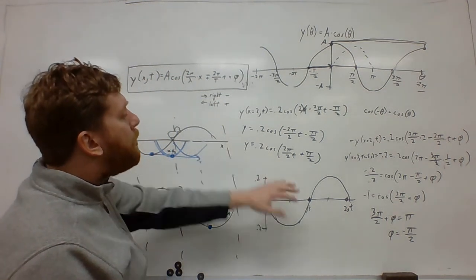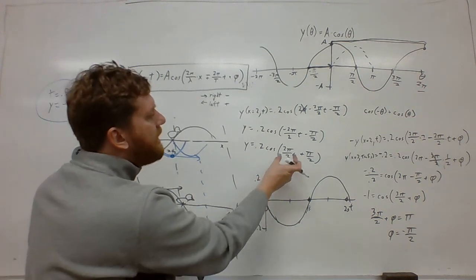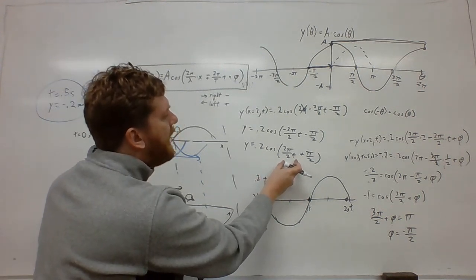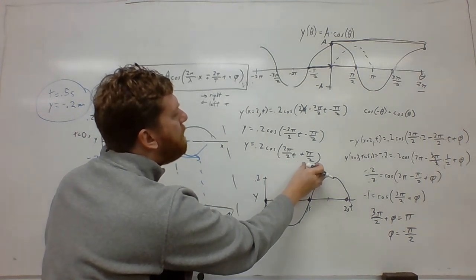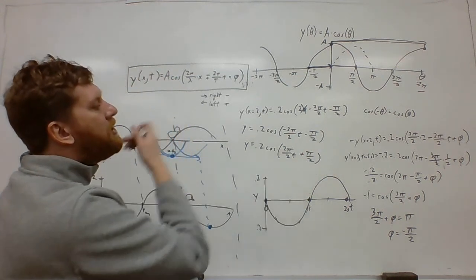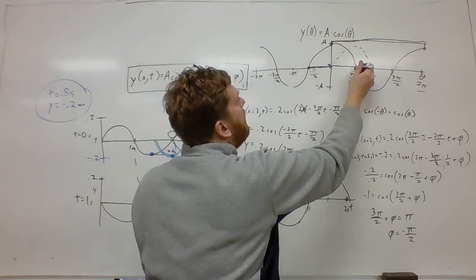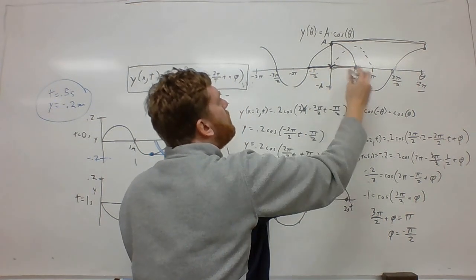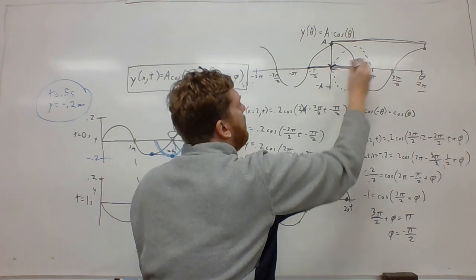Okay, so this is our equation describing this graph. What this equation says is I have some argument related to time, and I'm shifting my regular cosine graph by an amount of pi over 2. Since I'm doing plus pi over 2, I'm shifting it to the left by pi over 2. So I'm taking whatever is at pi over 2 in my regular cosine, shifting this to the origin, and I start out with a graph that looks like that.